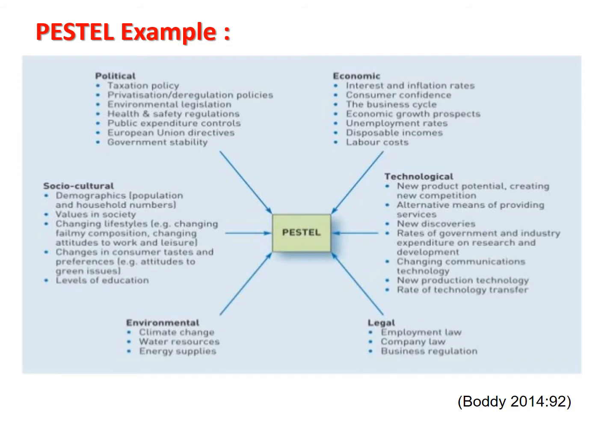And from a technological perspective, we are talking about new product potential, creating new competition, alternative means of providing services, new discoveries, rates of government and industry expenditure on research and development, changing communications technologies, new production technology, and the rate of technological transfer. So these are some of the elements under each of these, according to Bobby 2014.